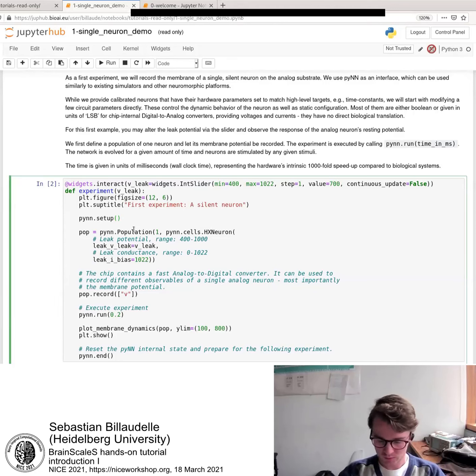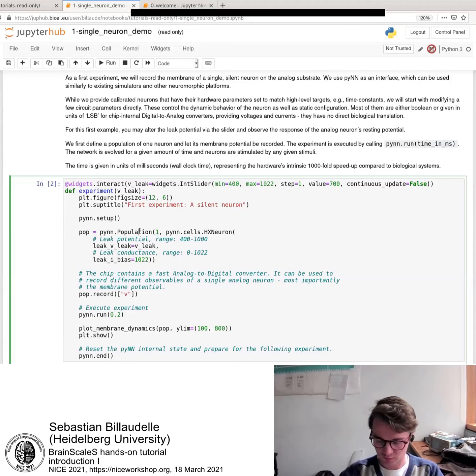We do so by using the PyNN Population. A population is a group of neurons with, in most cases, similar properties. And our group of neurons here is of size 1, so we just set up one population with a single neuron.